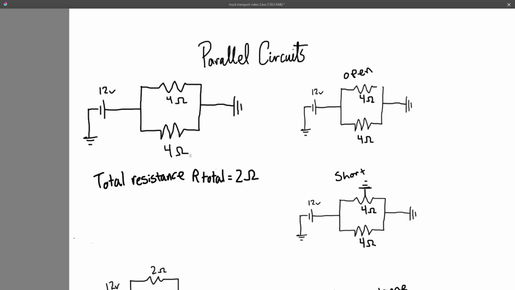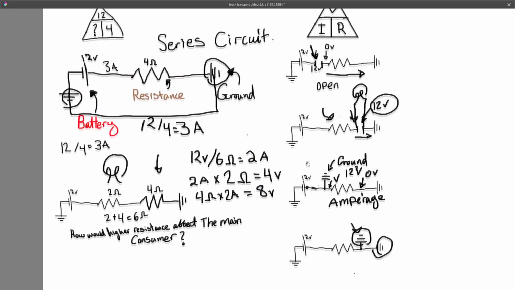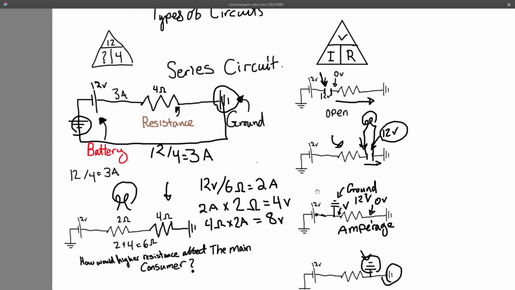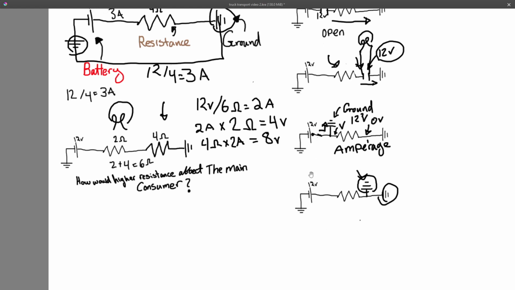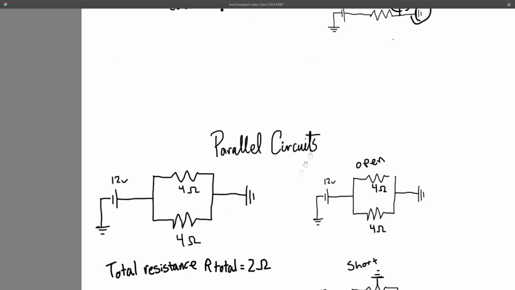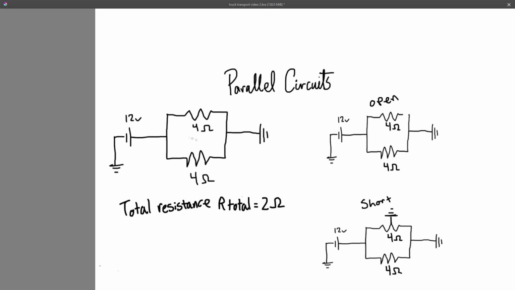If you remember when we talked about amperage in the previous video with that short right before the resistor, we were talking about this no longer being a series circuit because it now has another option of current flow, which is acting as another circuit. And you know how I said the only thing that changes in this is the amperage? That's exactly what's happening here. So the amperage changes.